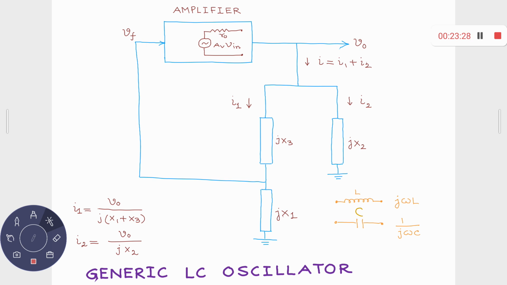From here to here, the voltage difference is V0. What is the total impedance? j into x1 plus x3. So I1 is V0 upon this. As simple as that.